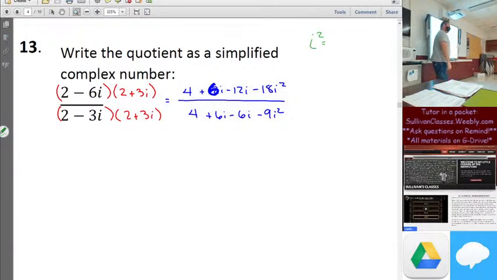What's i squared now? Negative 1. Keeping it real. So I turn this into plus 9 and this into plus 18.